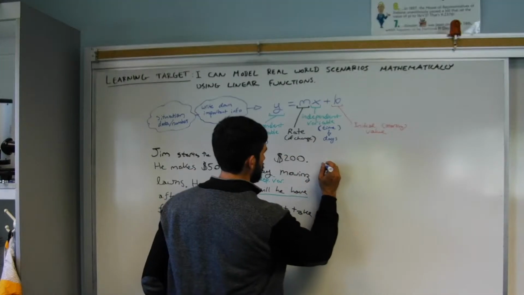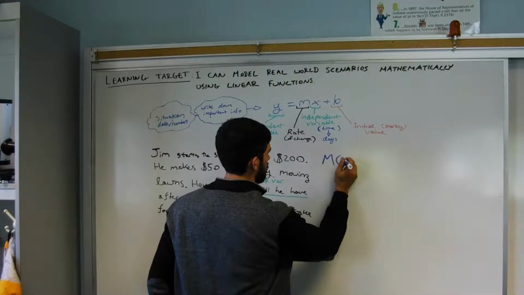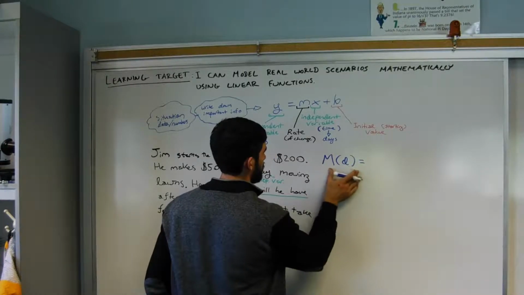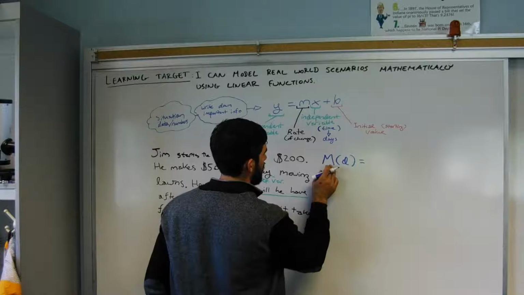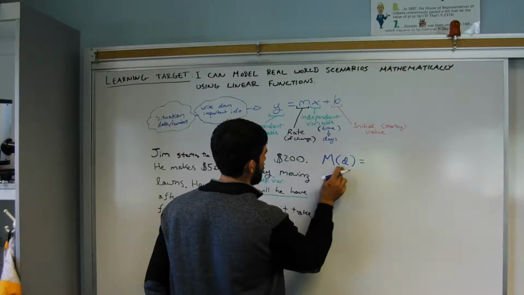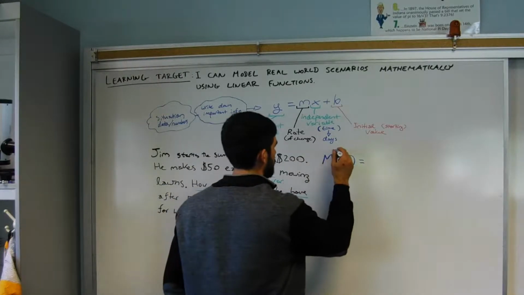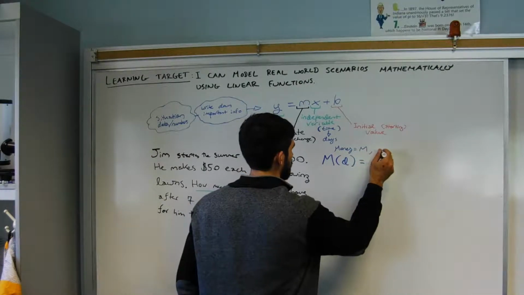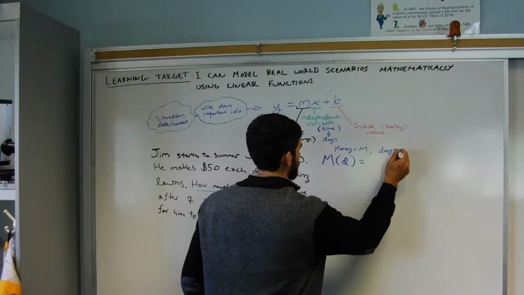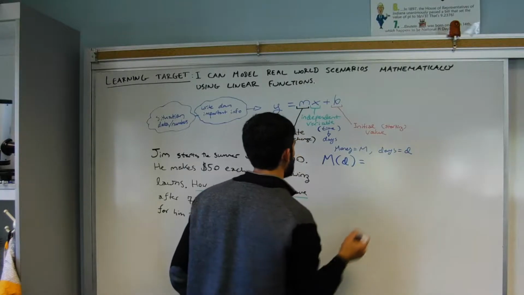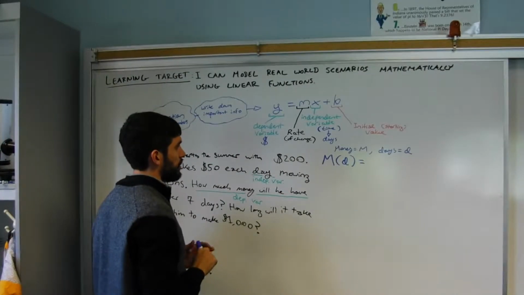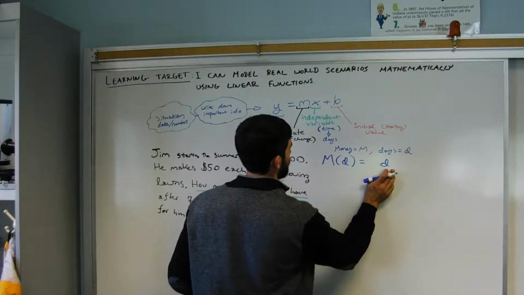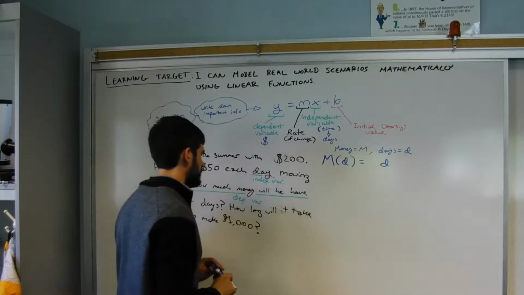So I would say m of d is our dependent variable, and m is going to stand for money, and d is going to stand for days. So money is m, days is d, and we know that our independent variable is going to be the number of days.